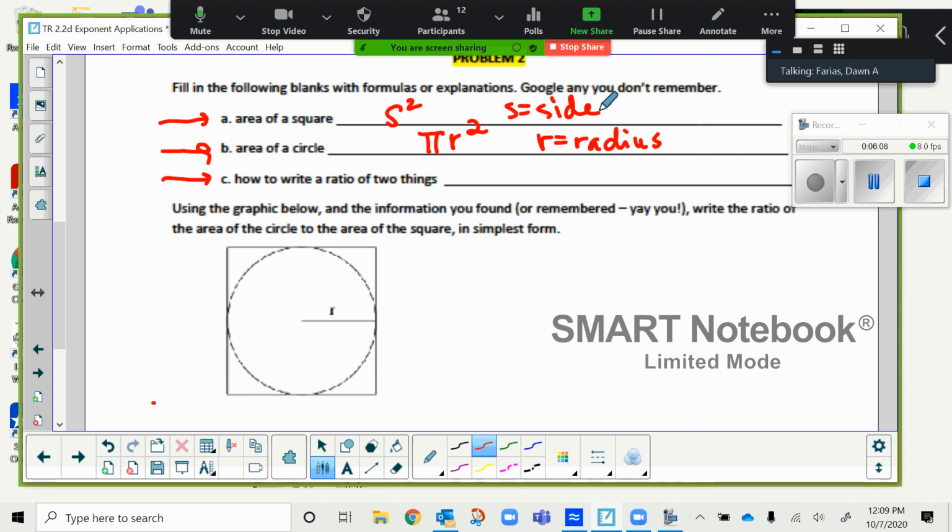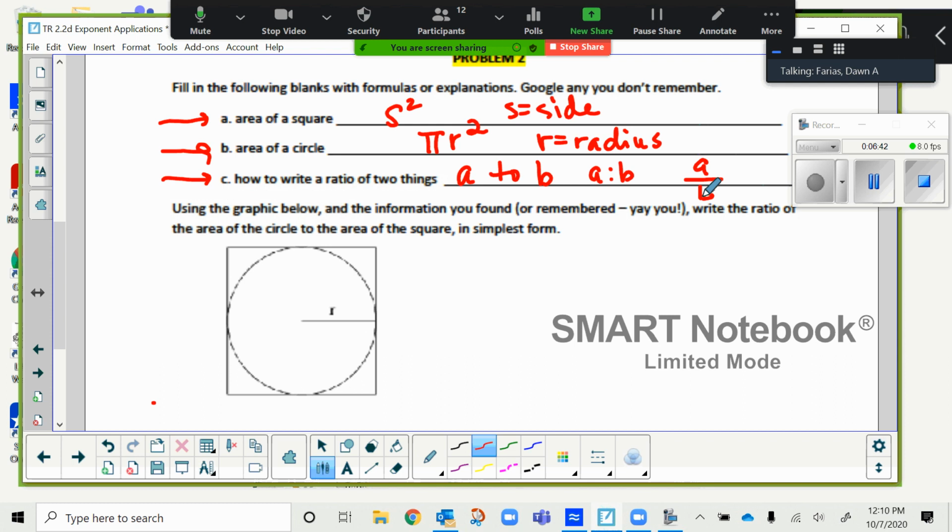And then when you're writing a ratio of two things, a ratio is when in mathematics we're comparing two things together, but we generally will write it as a fraction a lot of times. So if I was comparing, let's say, two values a to b, we could write it like this, a to b. Sometimes we write it with a colon. But for the exercise we're about to do, we're going to write it as a fraction, a over b.